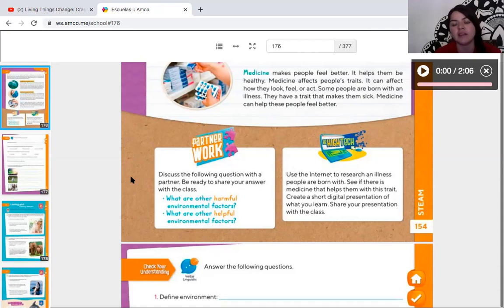And then it says, use the internet to research an illness people are born with. See if there's medicine that helps them with this trait. Create a short digital presentation of what you learn.